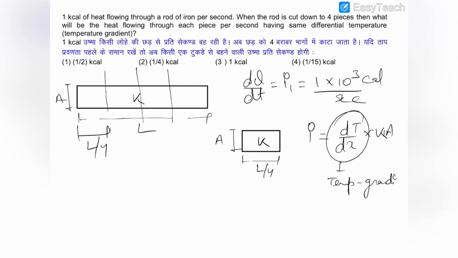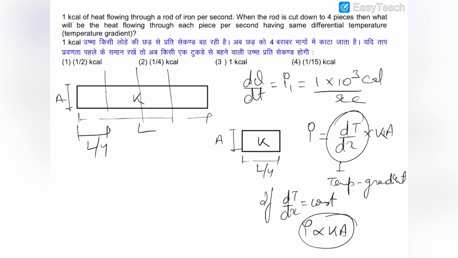So you can see that the temperature gradient is kept constant. It is given in the question that we have the same temperature gradient. So if dT by dx is constant, then we can say that I is directly proportional to KA.